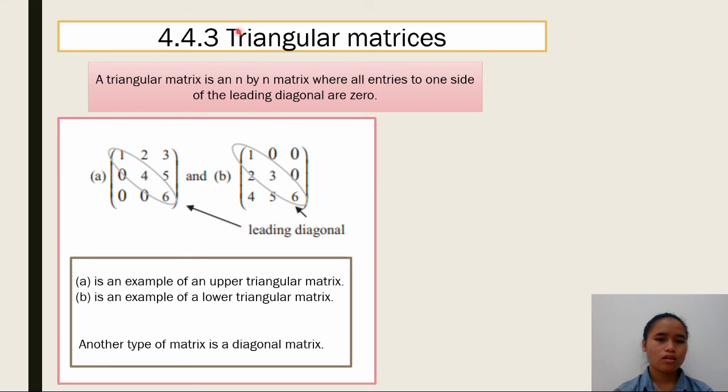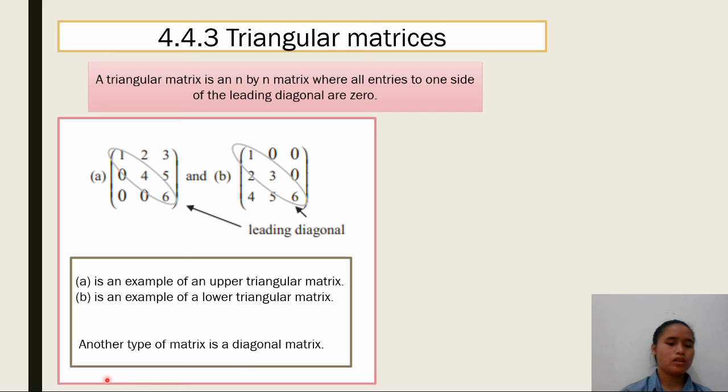Okay, triangular matrix. A triangular matrix is an n by n matrix where all entries to one side of the diagonal are 0. A is an example of an upper triangular matrix, and B is an example of a lower triangular matrix.